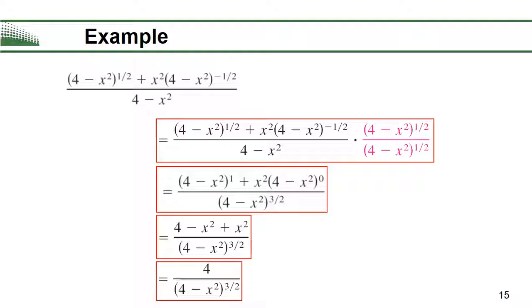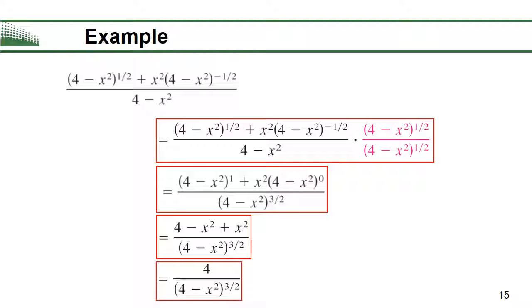When we multiply it times x squared times 4 minus x squared to the negative 1/2, add those powers, we get 0. So it's x squared times 4 minus x squared to the 0 power. When we multiply the denominator, we have 4 minus x squared to the first, and we're multiplying it by 4 minus x squared to the 1/2. Add 1 plus 1/2 and you get 3/2.